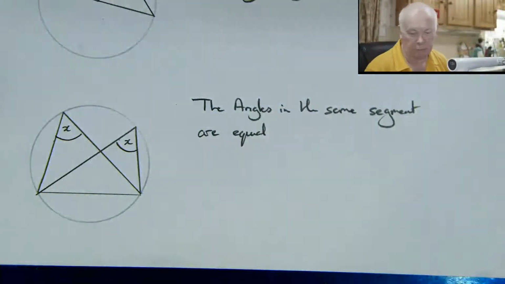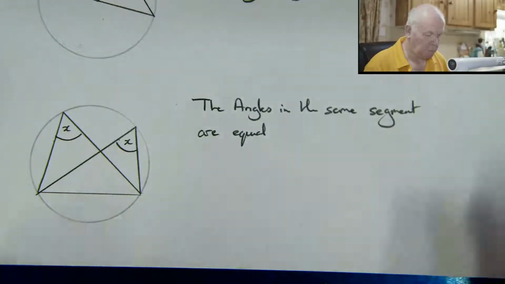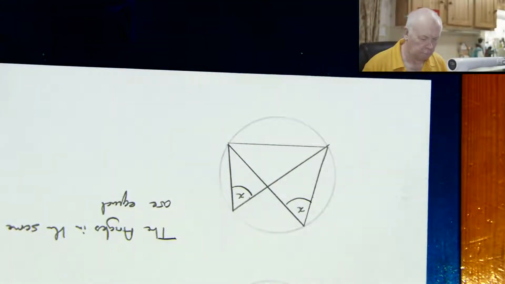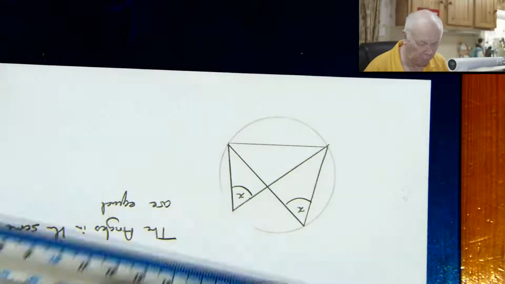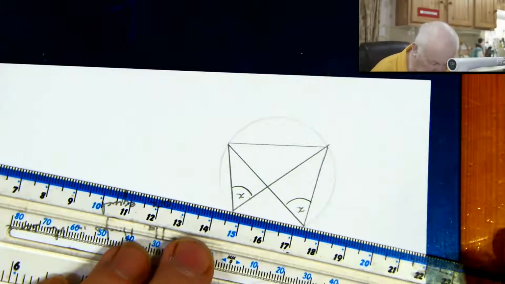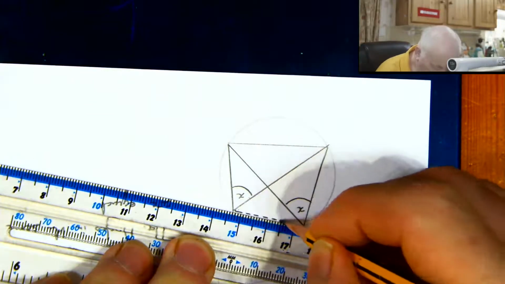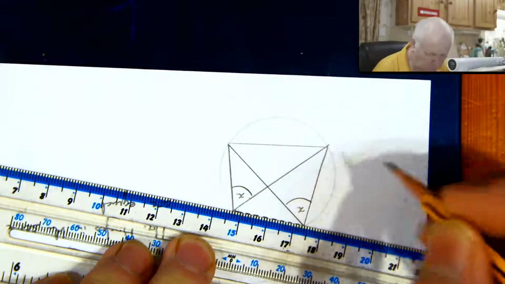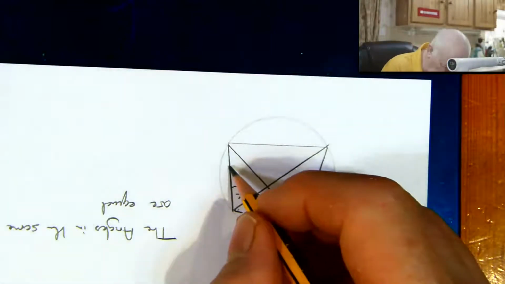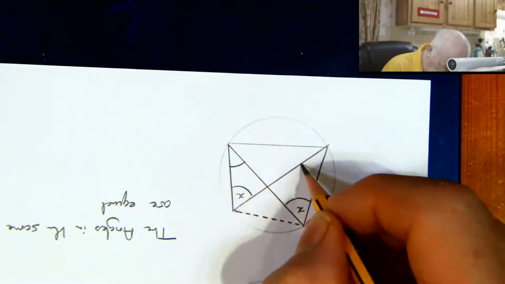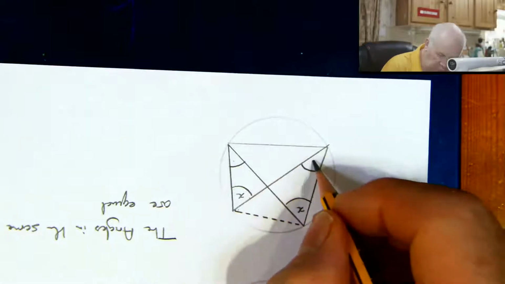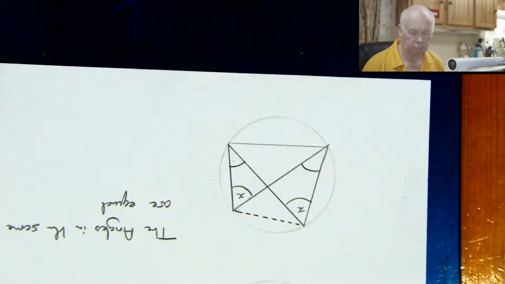And if I do something rather daft and I turn my piece of paper completely upside down, and we thought of this side here as a different segment, then I can see that these two angles are also equal.